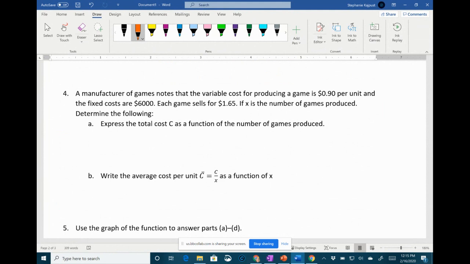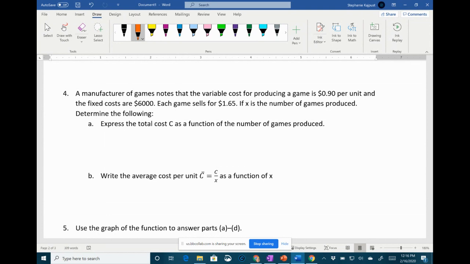Each game sells for $1.65. If X is the number of games produced, you're going to first express the total cost as a function of the number of games produced. So usually people can do that. It does say total cost, so that means you don't need the information about how much the game sells for, because that's not cost. So you're basically just using the 90 cents per unit and then the fixed cost of $6,000.